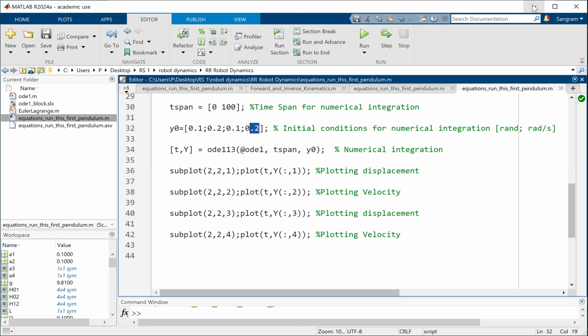Okay. The good news is now I can share two screens at the same time. Very good.